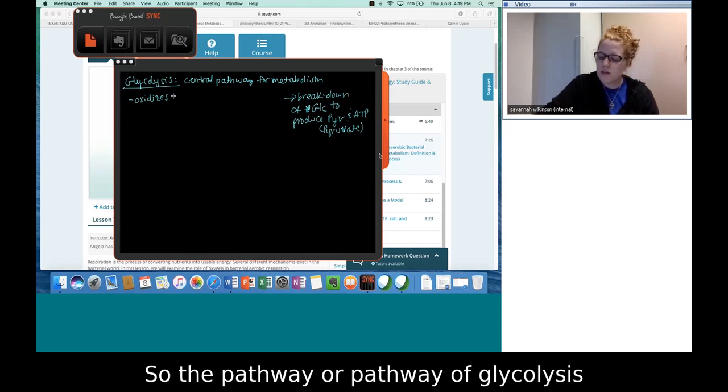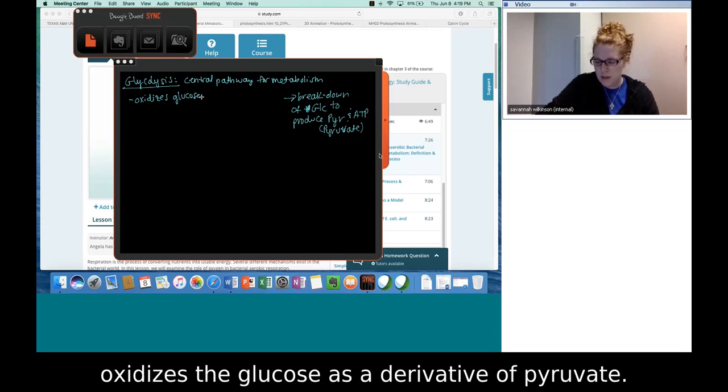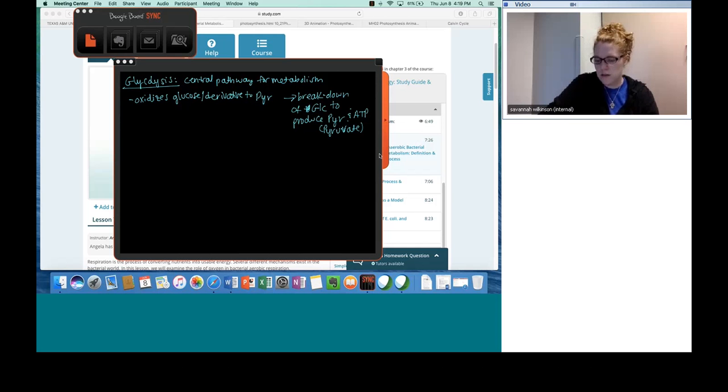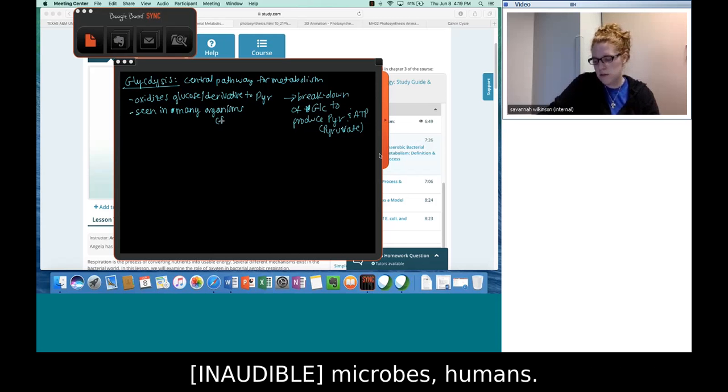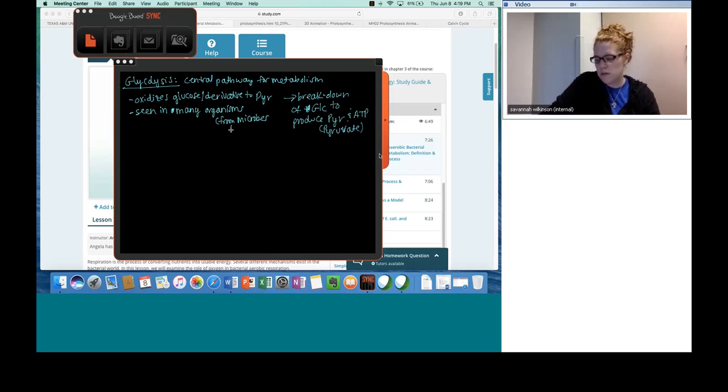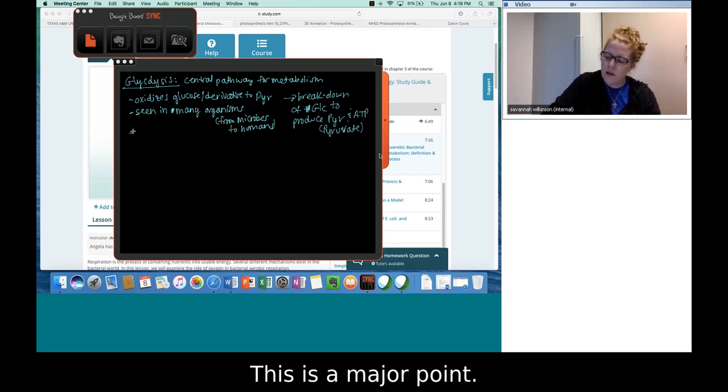So the process of glycolysis oxidizes glucose to a derivative, pyruvate. Glycolysis is seen in many organisms, not just in humans, from microbes to humans. This is a major point.